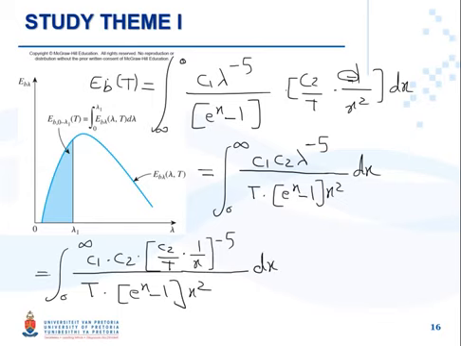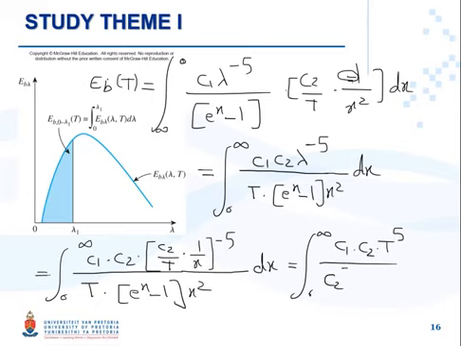Okay, so this will be equal to the integral from 0 to infinity of C1 C2 T^5. Am I right? Yes.